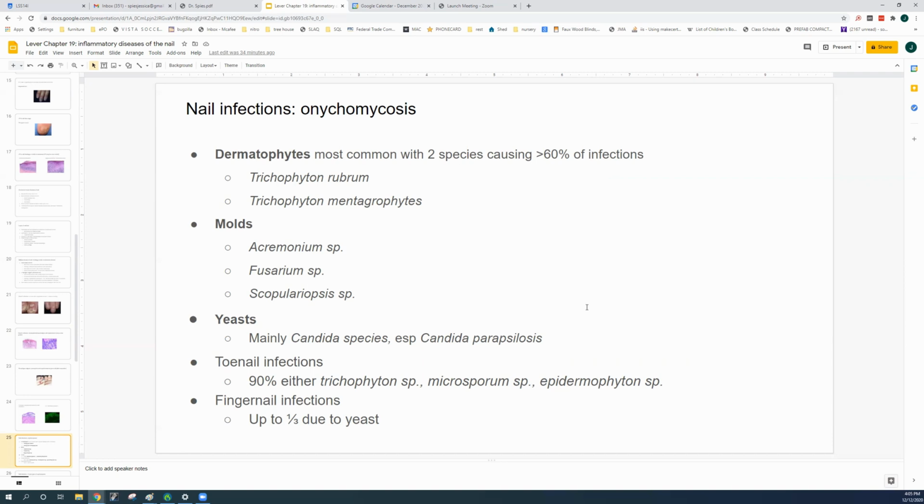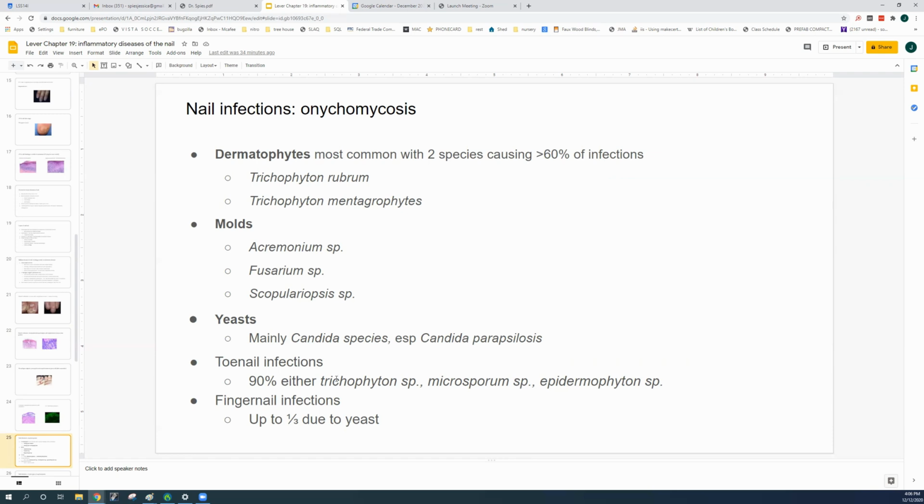Molds can also cause onychomycosis, and these are the 3 species that are most common: Acremonium, Fusarium, and Scopulariopsis species. Yeast can also cause onychomycosis, mainly Candida species, and especially Candida parapsilosis.